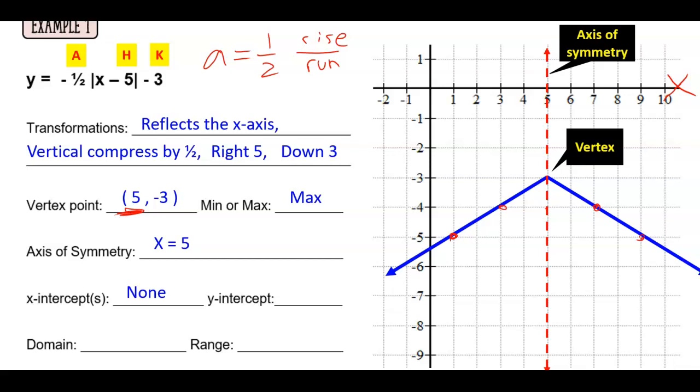What's the x, comma, y? 0, comma, negative 5.5. So say it all together. 0, negative 5.5.